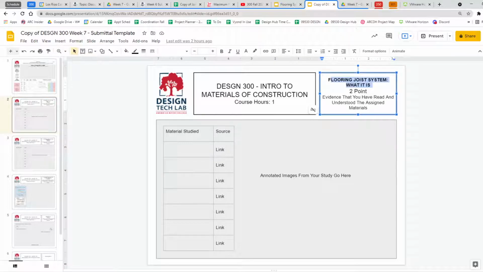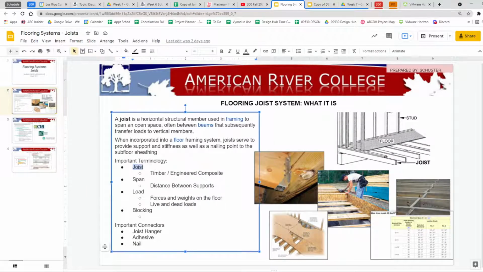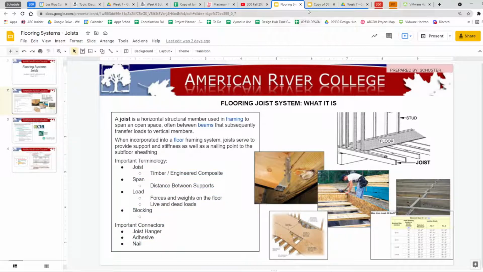Tell me what you learned about flooring joists based on this reading here. And I want to see something about joists and span and load and blocking and joist hangers and use of adhesives and nails or screws. Okay, so I'm starting to look for more in-depth review than just taking a bunch of these pictures and slapping them on there.